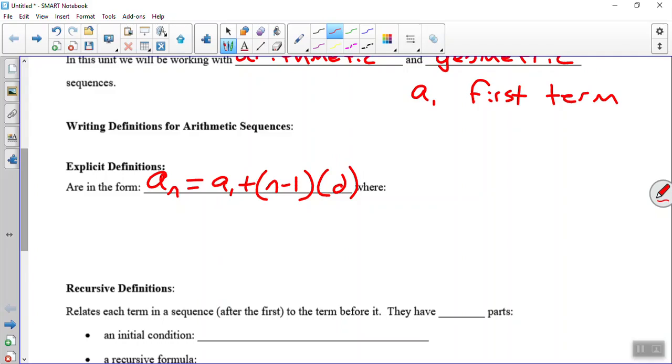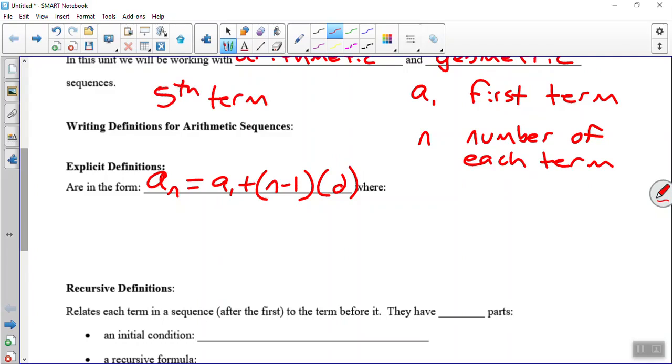N, you see A here and A sub n or n minus 1. So n just means the number of each term. If it was the fifth term, it would be called A sub 5.